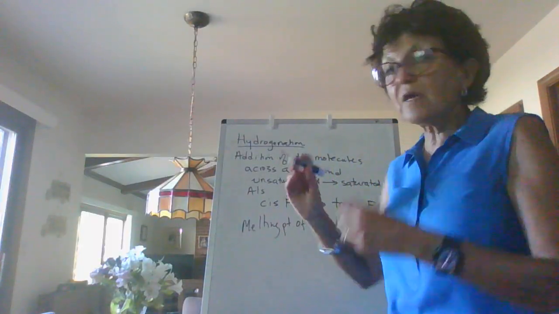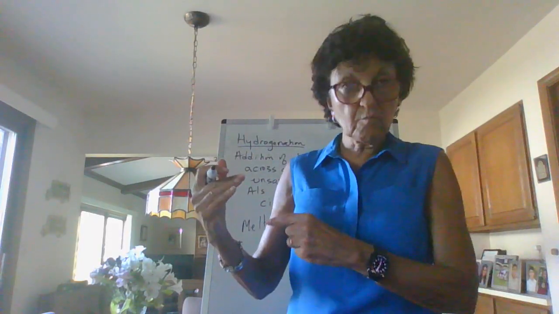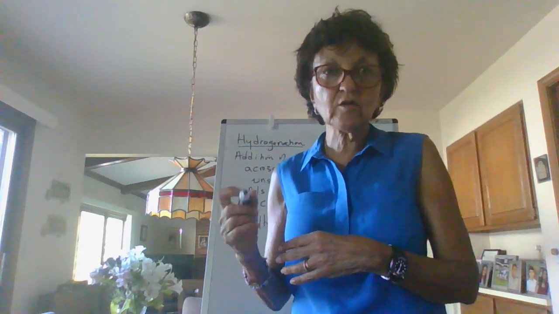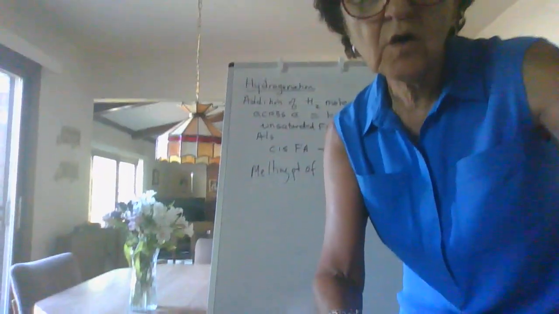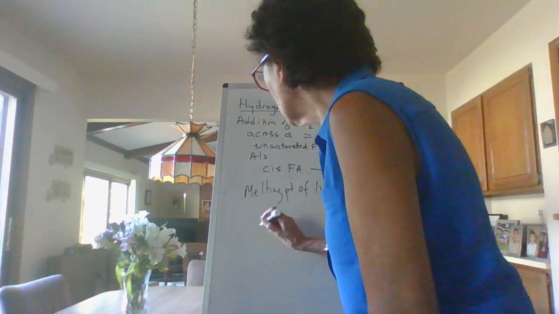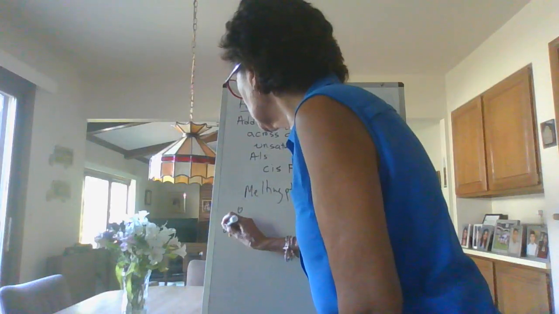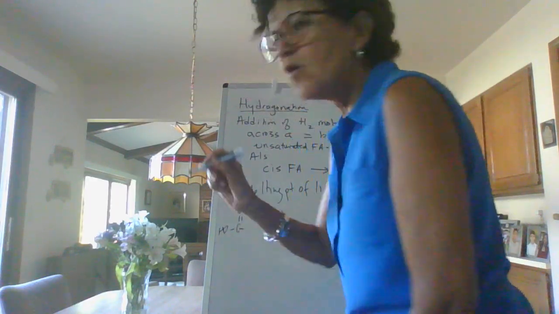Even the flipping of the double bond from cis to trans makes it more solid, makes it have a higher melting point also. So let me show you on a molecular level what is going on. I'm going to draw out expanded carbons, not overly expanded.